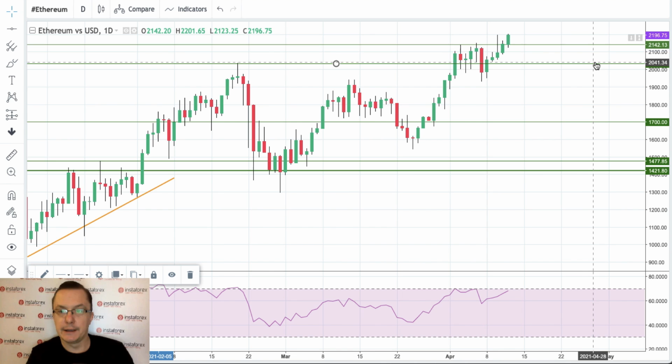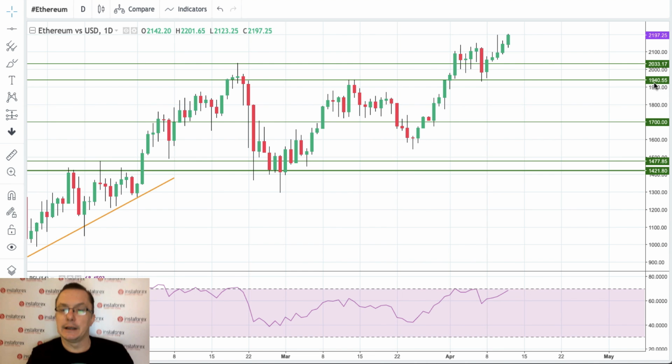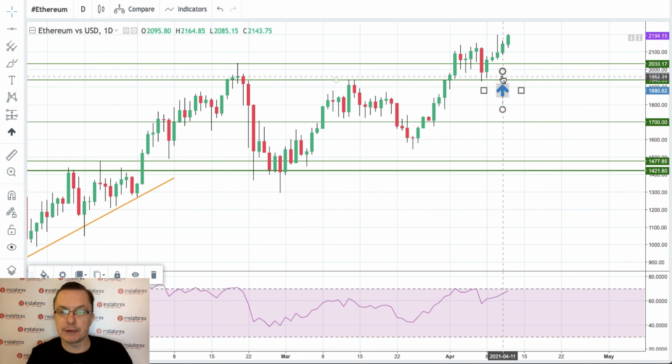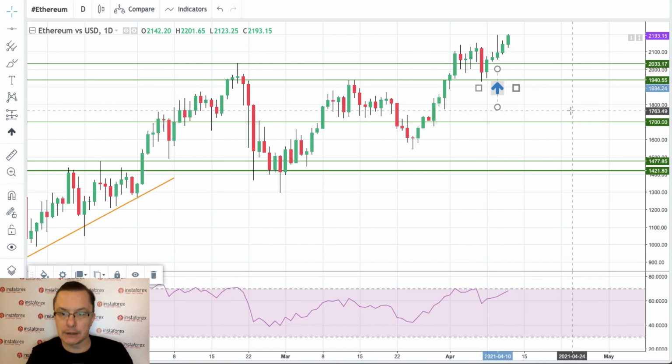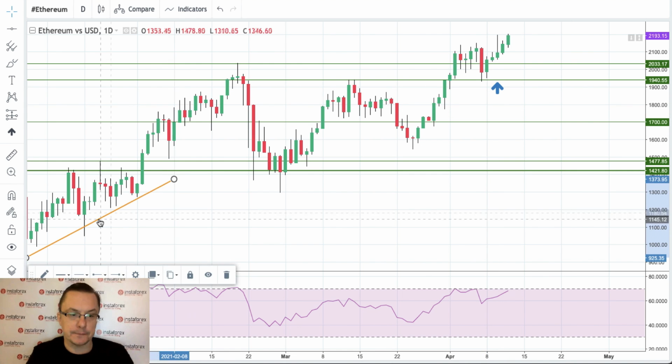Of course, we got the level around 2000 ready for support as well. But the key technical support right now on the daily time frame chart is 1940. This is our key technical support, as we call it, the game changer. And the breakout below 1940 will be a game changer right now.